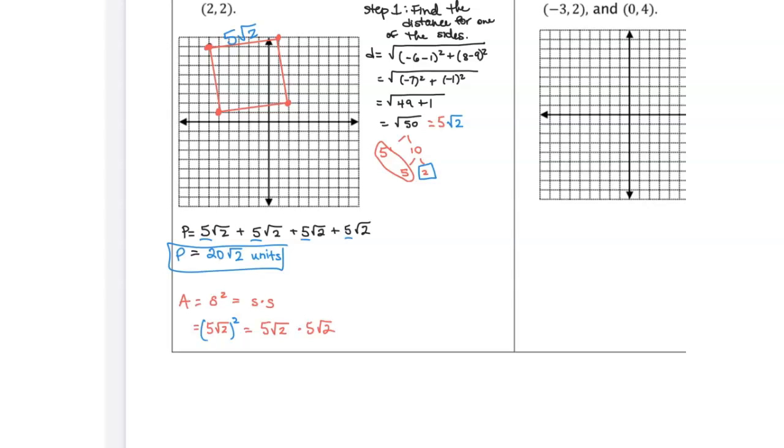Multiplying our 5 and our 5 will give us 25. And then we're also multiplying the square root of 2 times the square root of 2, which gives us the square root of 4. So we have 25 times the square root of 4. The square root of 4 is just 2, so this is 25 times 2. And 25 times 2 is 50. So our area is 50 units squared.